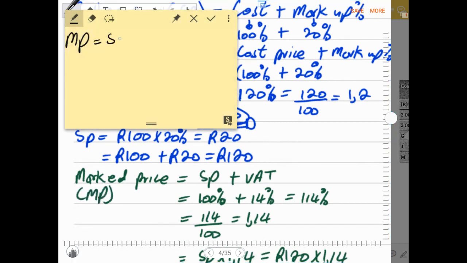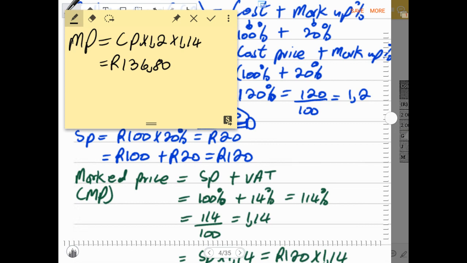MP is equal to cost price times that by 1.2, which was the markup, then times that by 1.14, then that will give us the markup price of 136.80. Let me show you how did we get to that amount.